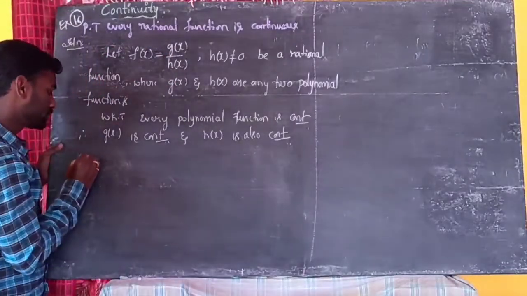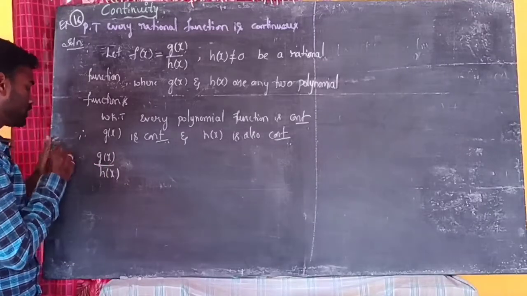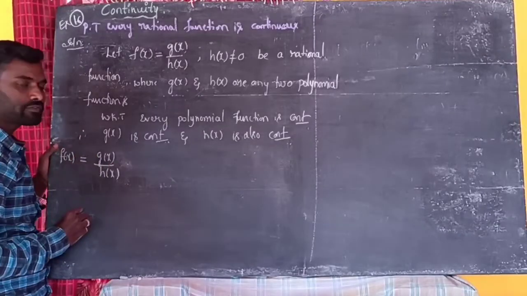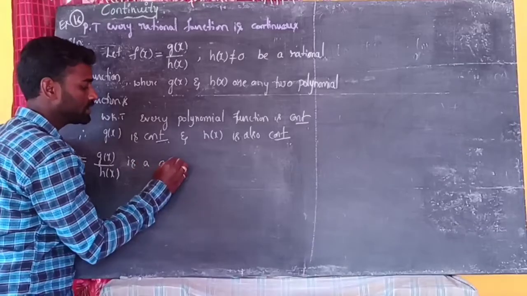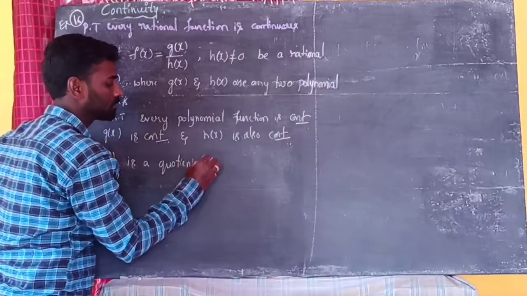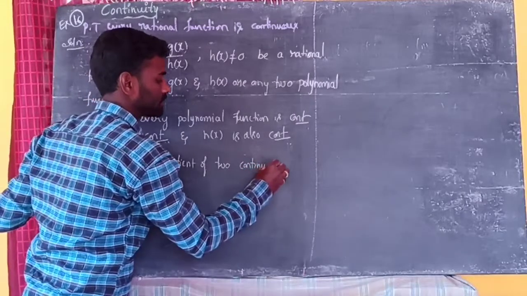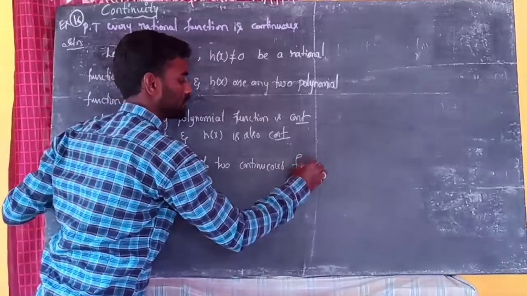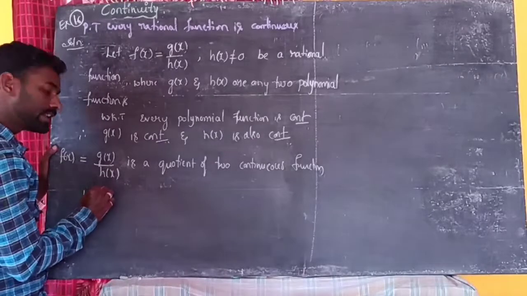Okay guys, therefore f of x is equal to g of x by h of x is a quotient of two continuous functions. Therefore it is continuous.